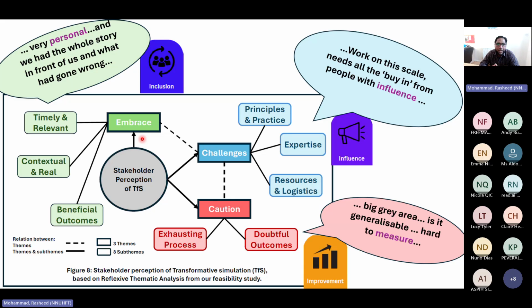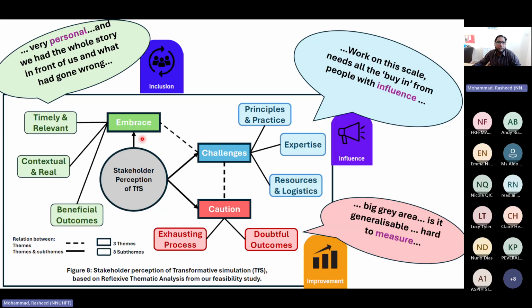Reflections are based on our actions, and actions are usually linked to beliefs. And when we start addressing our beliefs, that is when reflexivity comes into the picture. So we were able to use reflexive thematic analysis to understand the perspectives of the people who are involved in a transformative simulation project.